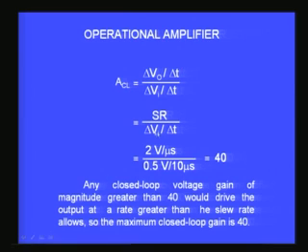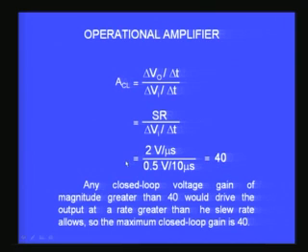In the problem they have said it is 0.5 volts per 10 microseconds at the input, therefore I put it at the denominator. 2 volts per microsecond is the slew rate, I put at the numerator, and if I calculate this, the gain is 40.